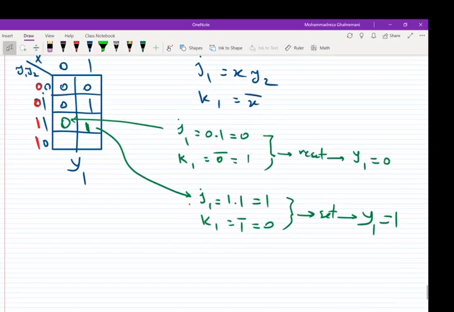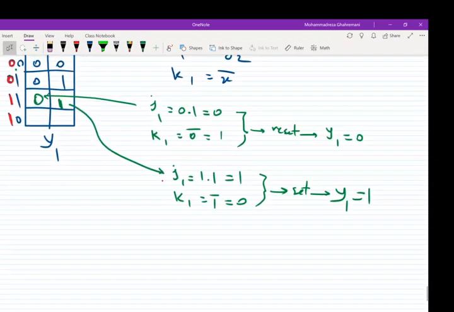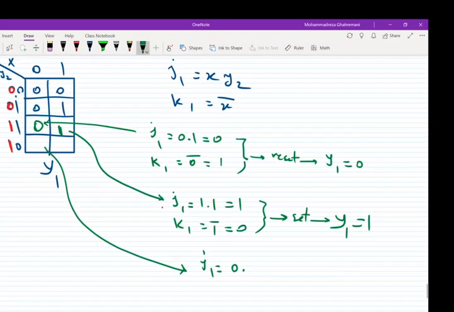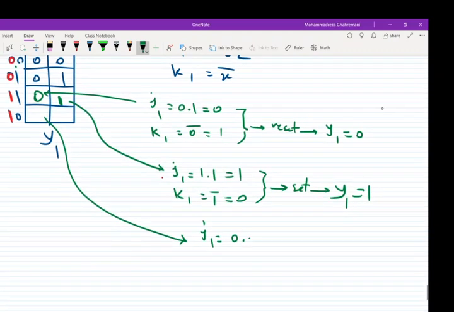The next cell, here, J1 is equal to x y2. What is y2? It is 0. K1 is equal to 0 bar, which is 1. 0, 1 means reset. So y1 is equal to 0.